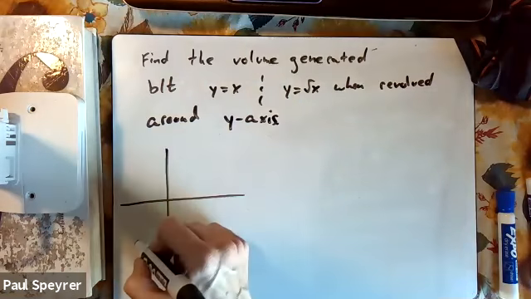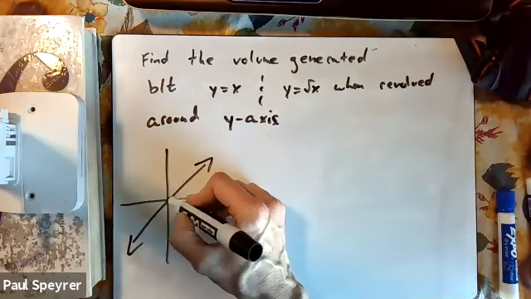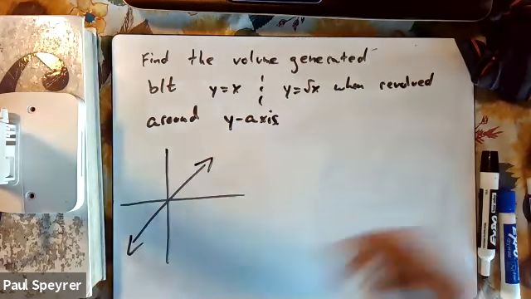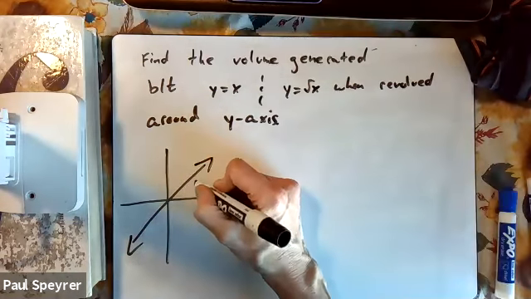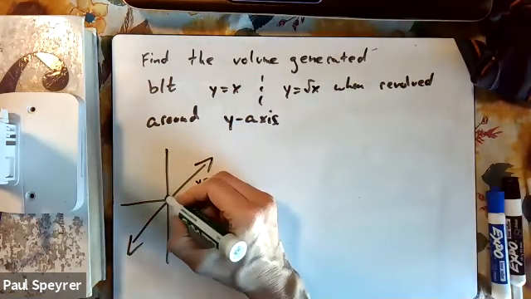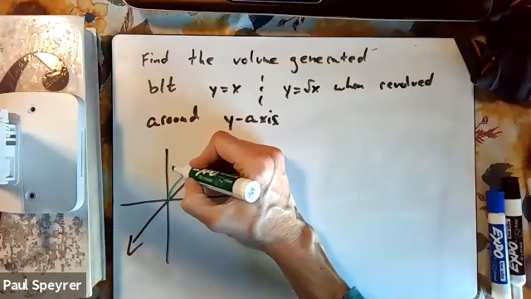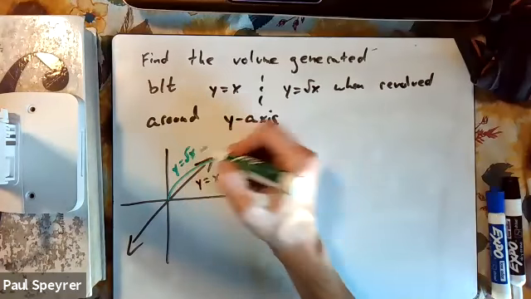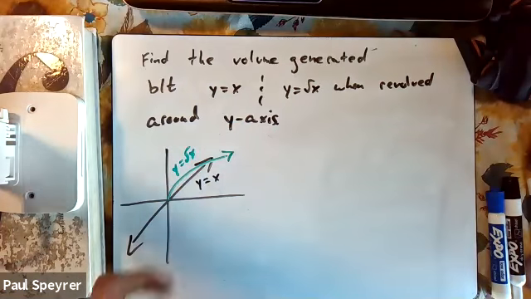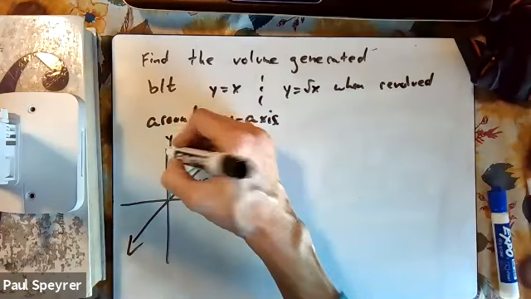So conceptually, what's going on? We have this straight line. We also have the square root function. This is y equals x. The green line right here is y equals square root of x. And we have x and y.